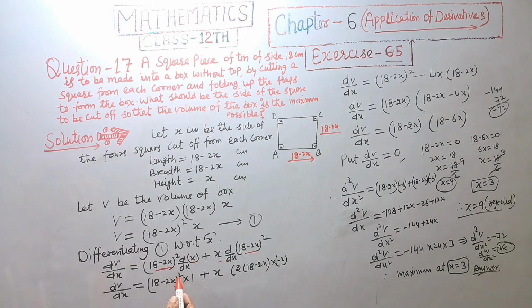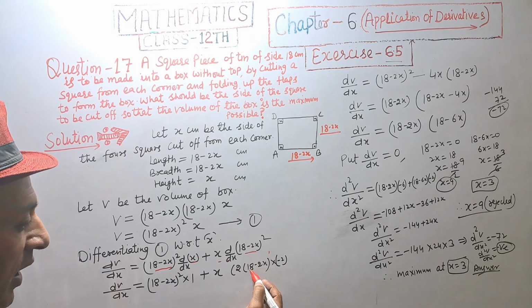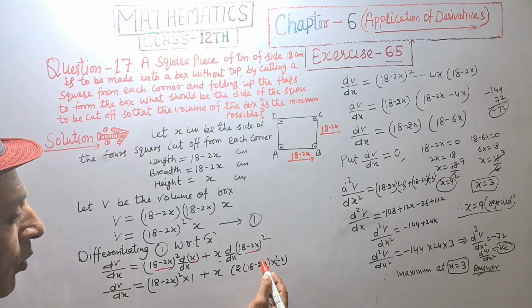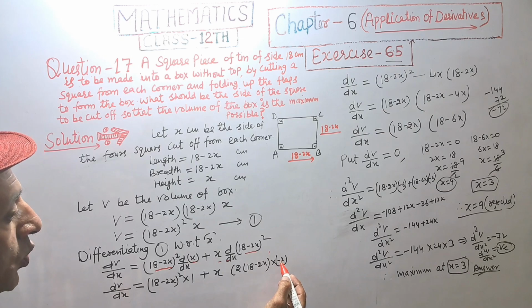Differentiation of a constant is 0, and derivative of minus 2x is minus 2.